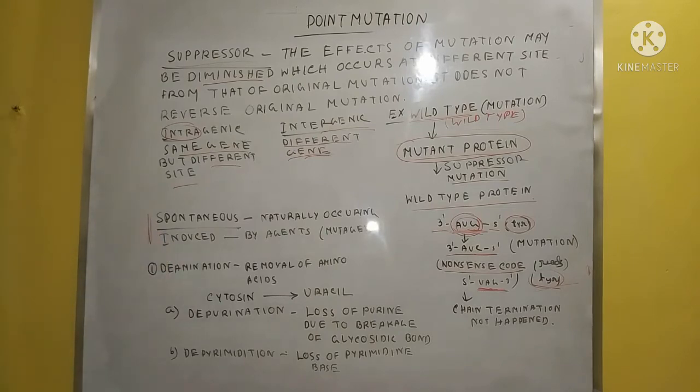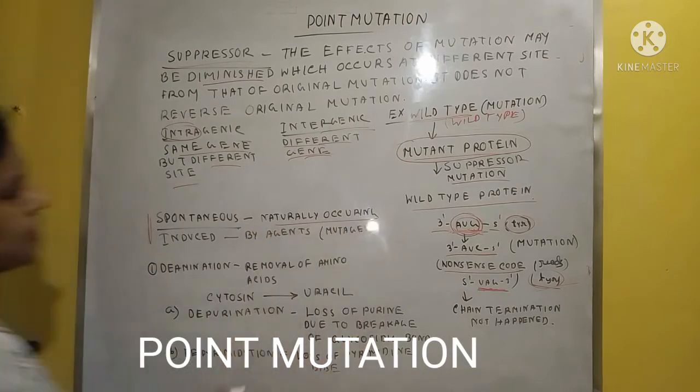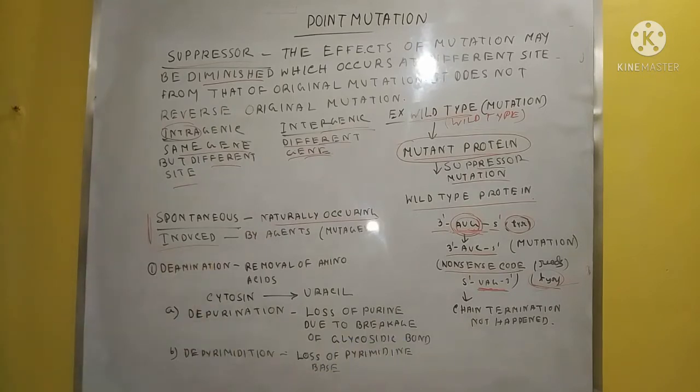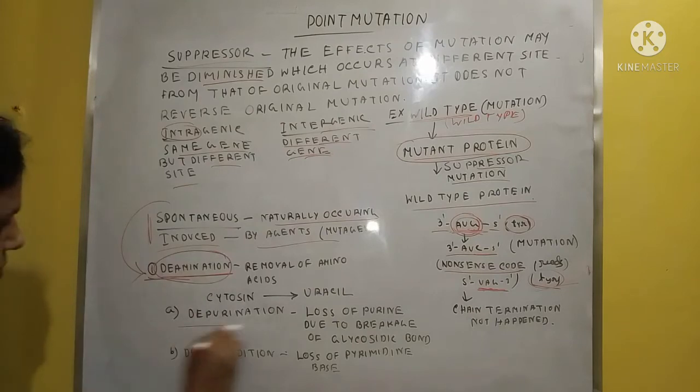Spontaneous mutation means the naturally occurring mutation. This is not an accidentally occurring mutation, but induced mutation generally occurs by accidents or by some agents, like a mutagen. And one type of spontaneous mutation is called deamination, and under it there are depurination and depyrimidation.